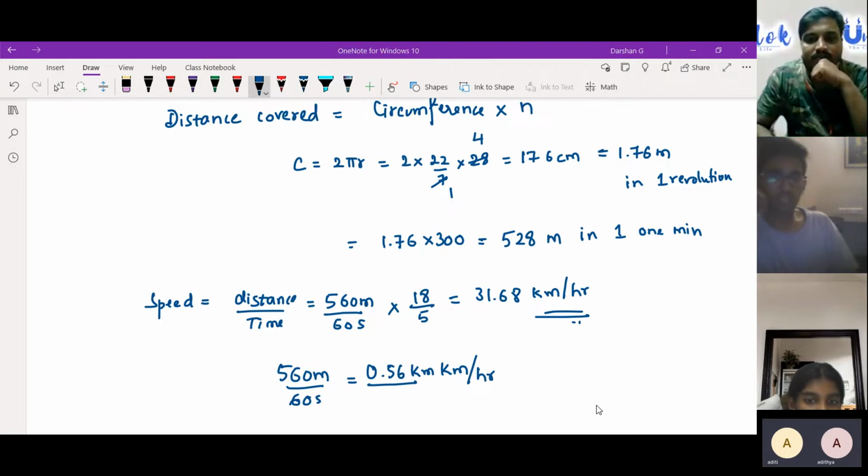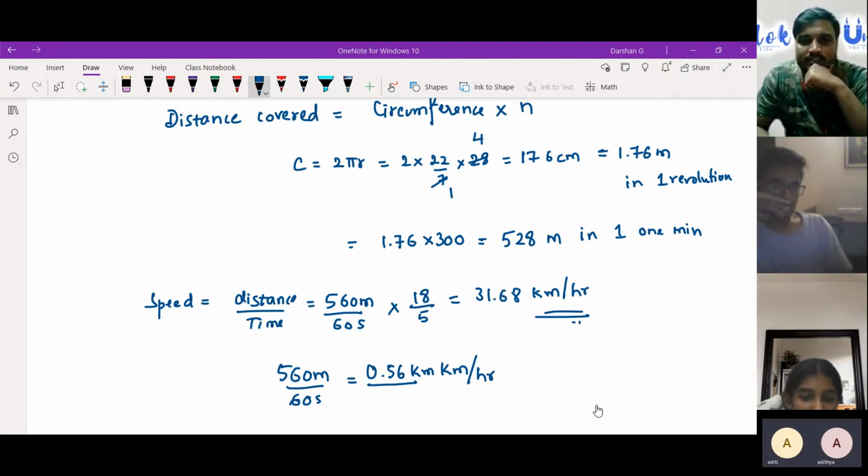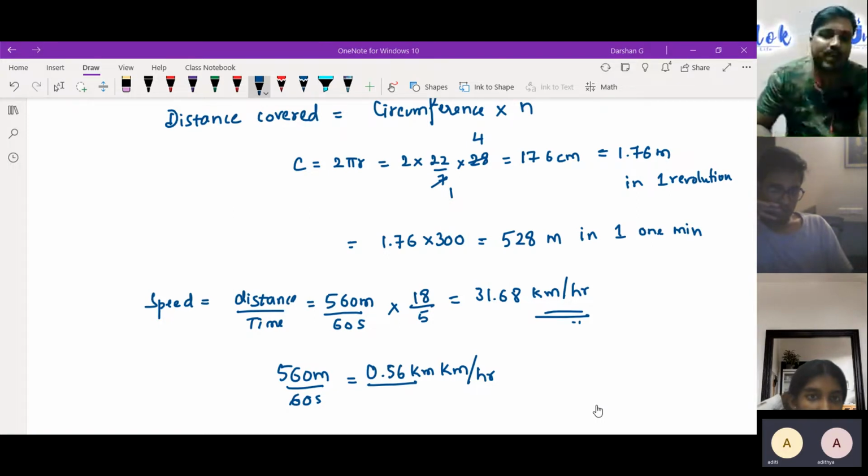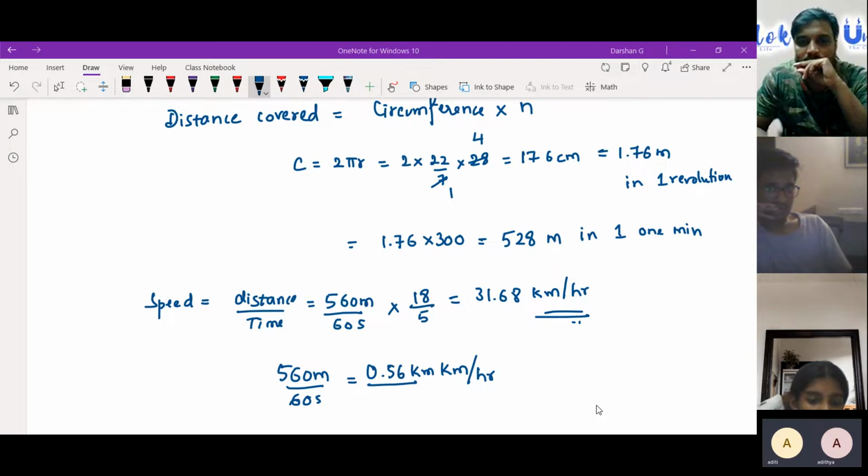What is 60 seconds with respect to hour? Anyone? Let's see who will get this right. 60 seconds is 1 minute. 1 minute is how much of an hour? 1 by 60.